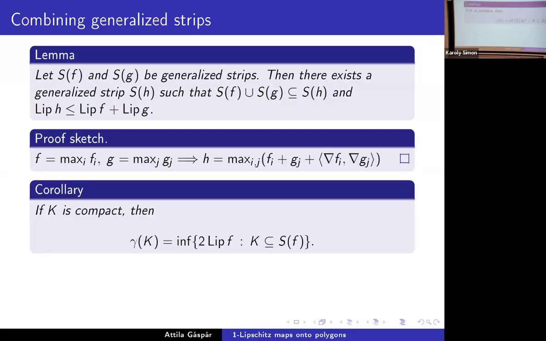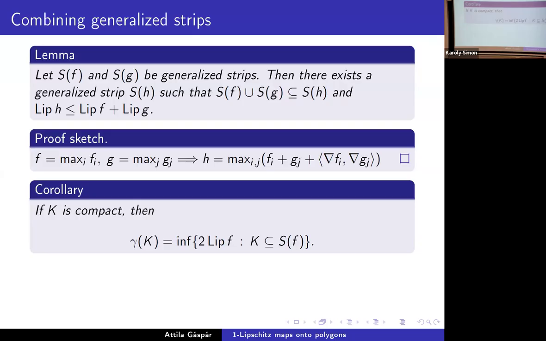From this lemma, we can show that if we have a compact set K, then gamma of K can be approximated by a single generalized strip. So this means that if we cover K by countably many generalized strips, then we can replace them by just a single generalized strip, in such a way that the Lipschitz constant is still small.